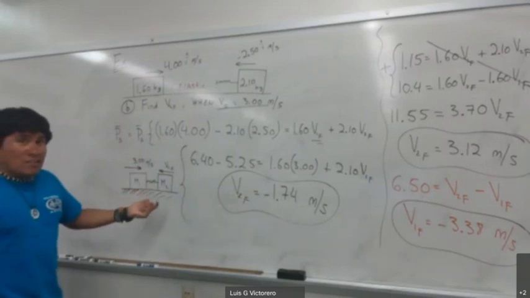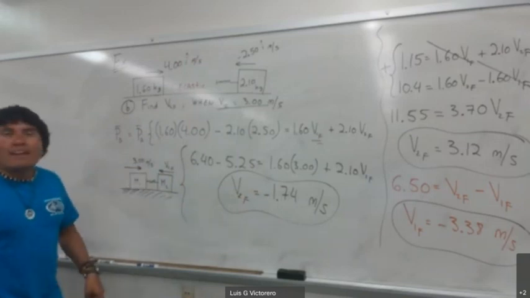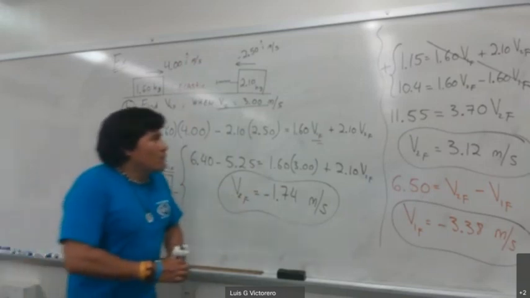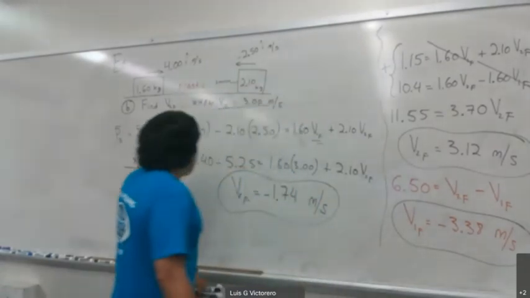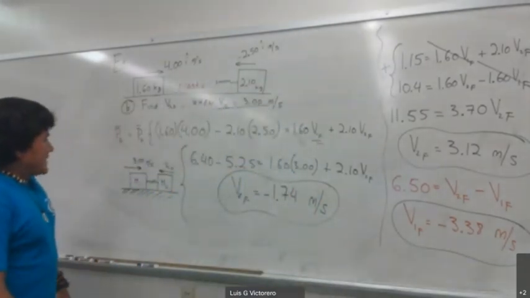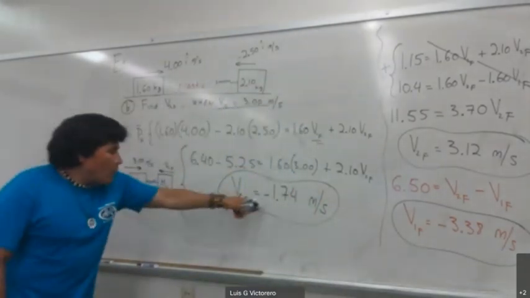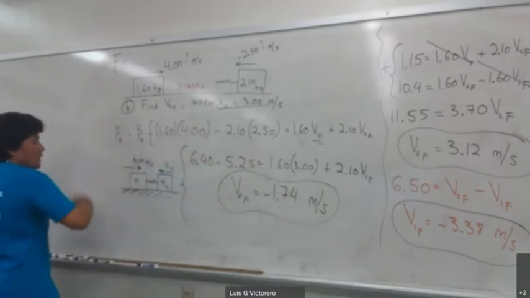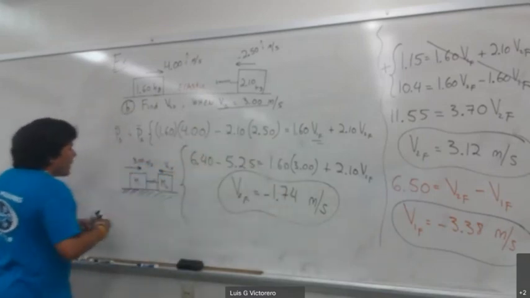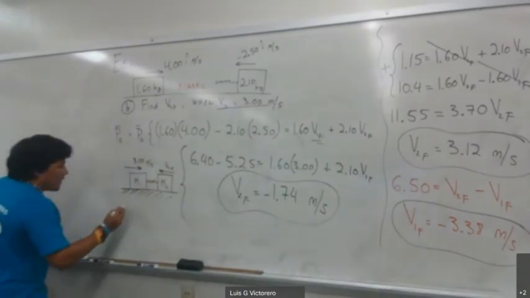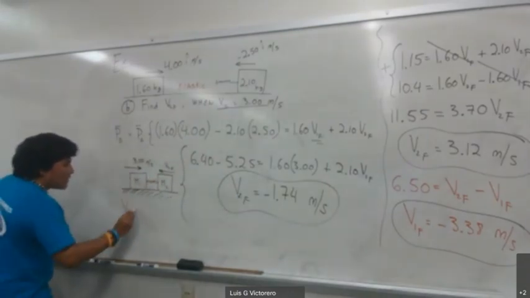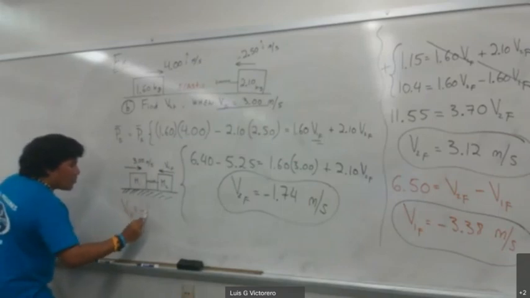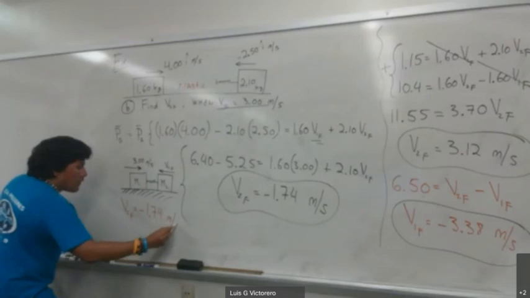That difference of energies is equal to the energy of the spring. Let's write it down. All right, so let's get a figure there. I'm going to erase all this because I'm going to need space now. By using momentum, we found that V2 final at that instant is equal to minus 1.74 meters per second.